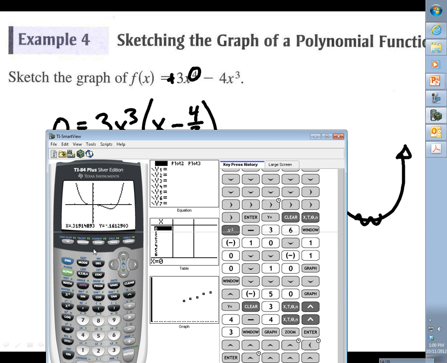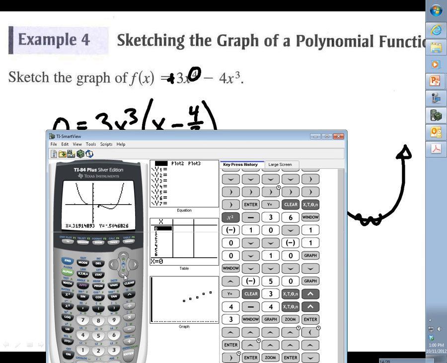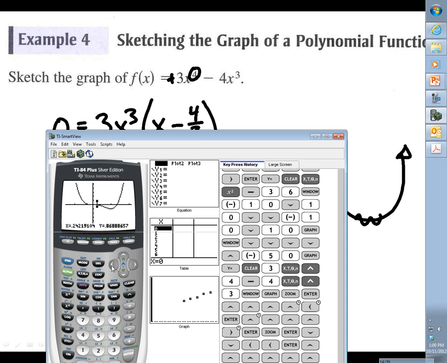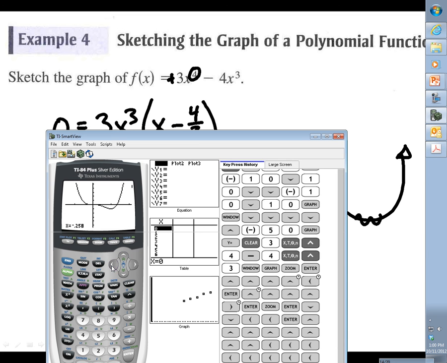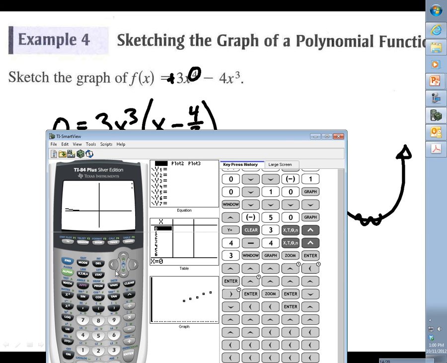So even if I zoomed in right on the origin here to check out in more detail what's happening in here, you're going to see that it really is just flattening out and going through the point 0.